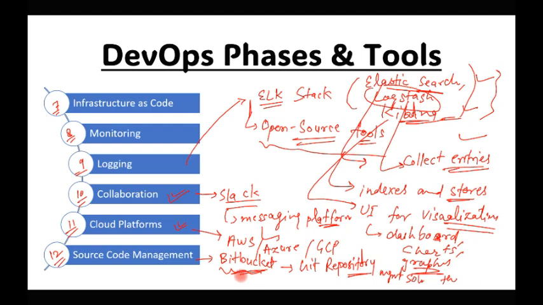In real-time use cases, whenever a developer creates and manages a Git repository on Bitbucket, the team can collaborate on code through pull requests and merge branching. Bitbucket offers features like code review, issue tracking, and access control.